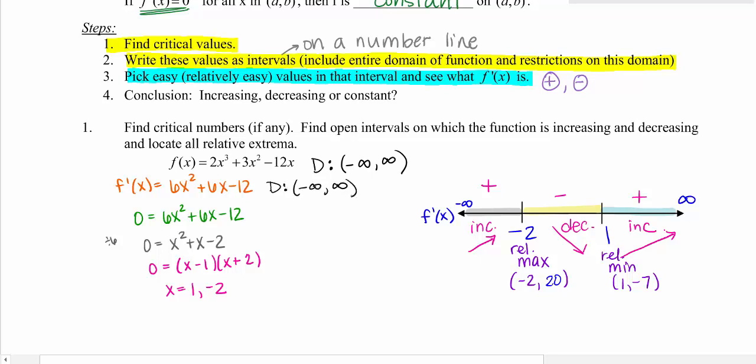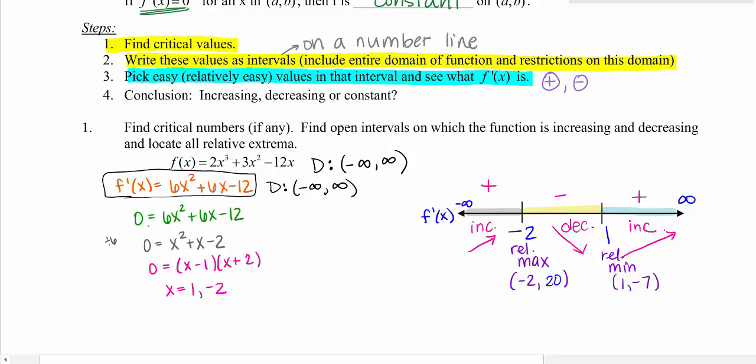So if we remember our critical values discussion, there would be a second part of that definition, which is, are there any new restrictions to the domain of my derivative? And if I'm answering no, then I have no other critical values to add to that list. So I have the same domain for the original and the derivative, so I have no new other critical values to look at. So I'm just dealing with my first derivative.